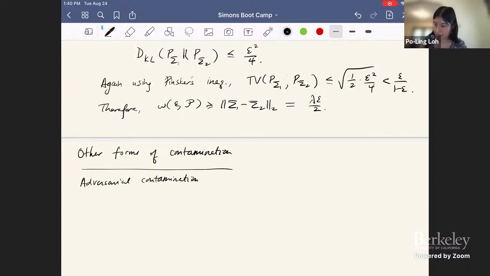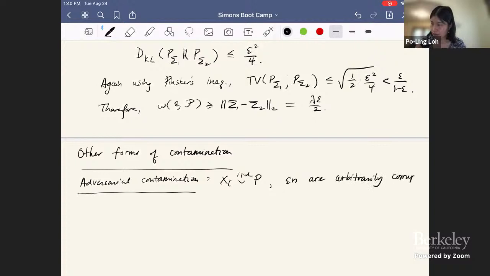Adversarial contamination says that you have X_i drawn iid from some distribution P, and then epsilon n of them are arbitrarily corrupted to form the new data set, which let's call X prime.